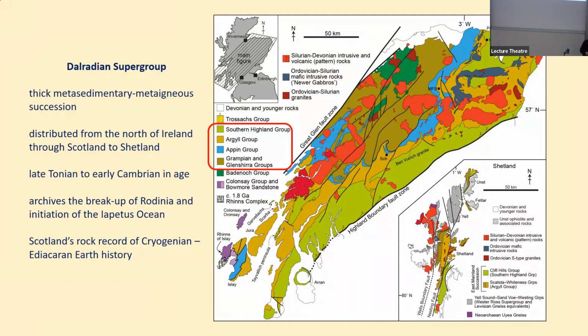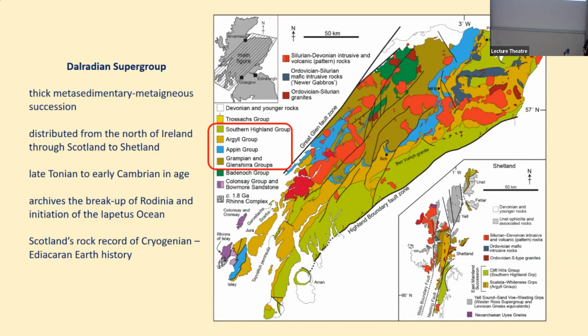Metasedimentary, meta-igneous rock package. From the north of Ireland right up through to Shetland, it can be traced. The age is Latonian. If you're not familiar with that particular term, this is early Neoproterozoic, 1,000 million, 900, 800 million years ago, up to about early Cambrian.